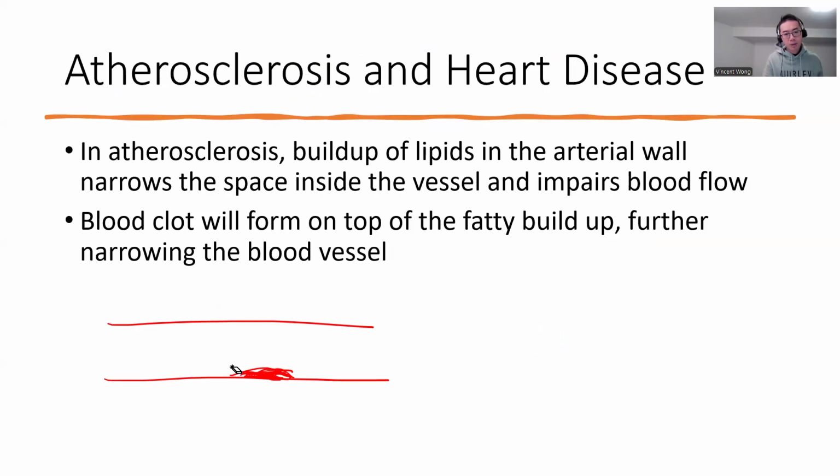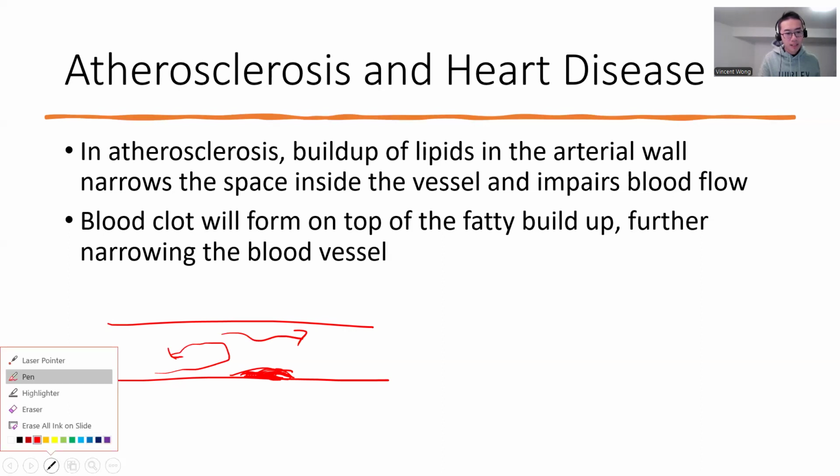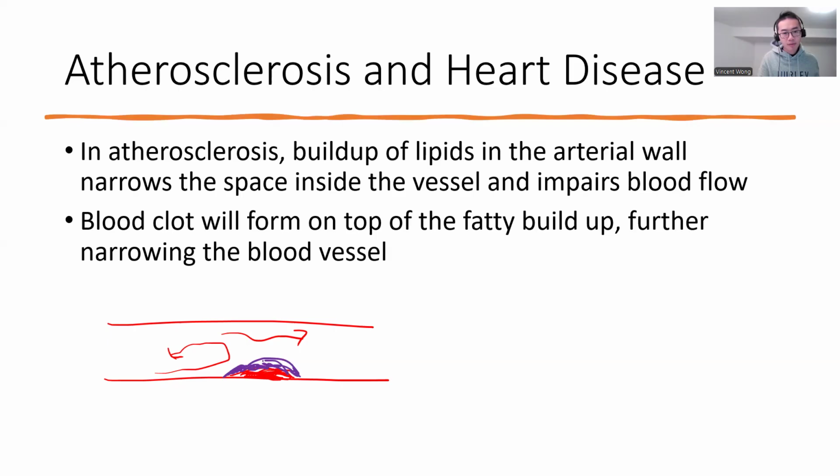Anytime it passes through a rough patch like this, it creates turbulence, and then the blood is going to start to clot. And that's exactly what happens. When a bit of LDL builds up, the blood clot is going to form on top of it, and then it makes it even more bumpy, and then you have more blood clot, more inflammation, and then the whole thing just builds up and builds up. It's like a snowball effect.